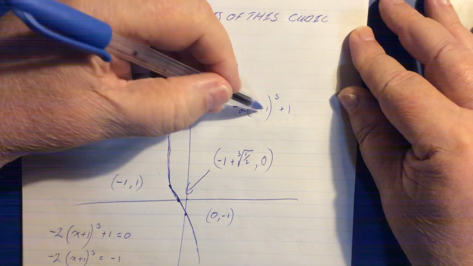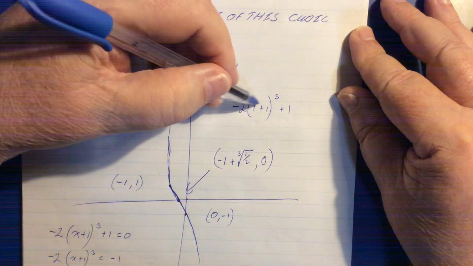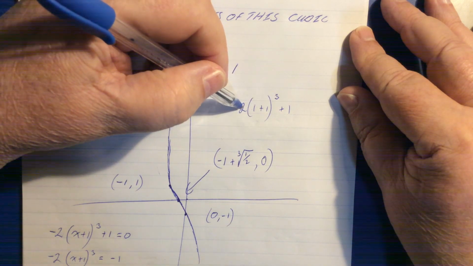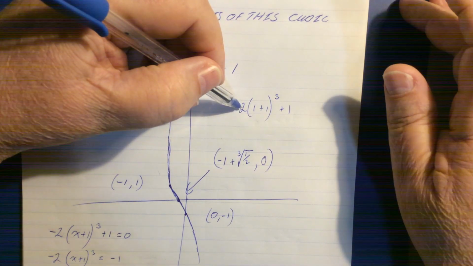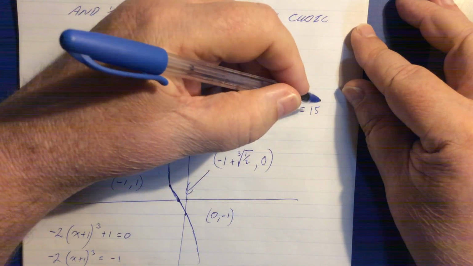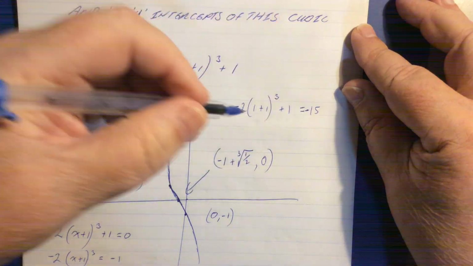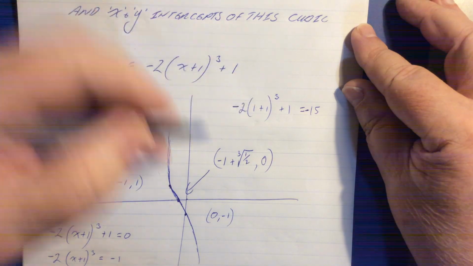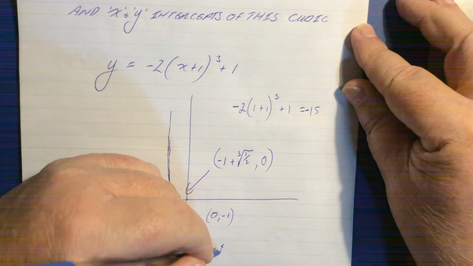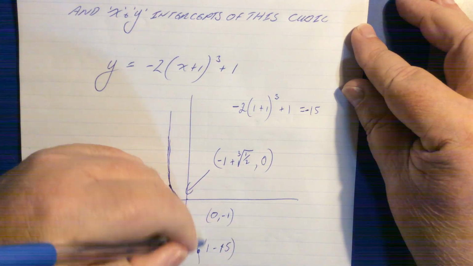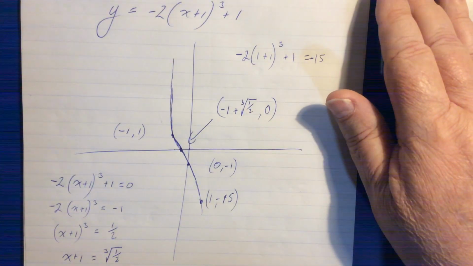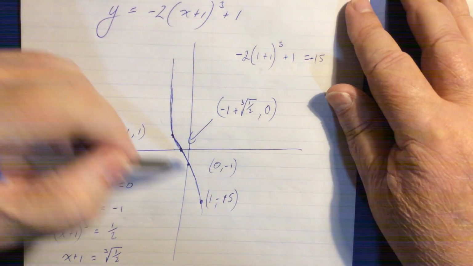And so that is 1 and 1 is 2. 2 cubed is 8 times -2 is -16 plus 1 equals -15. And so we have a point here, 1, -15. And that just shows a teacher or an examiner that you understand the idea of the dilation.